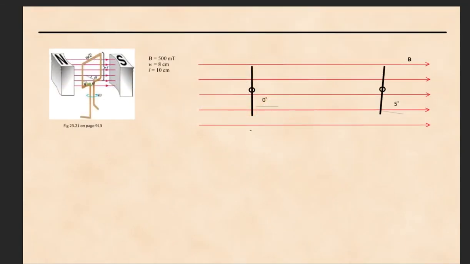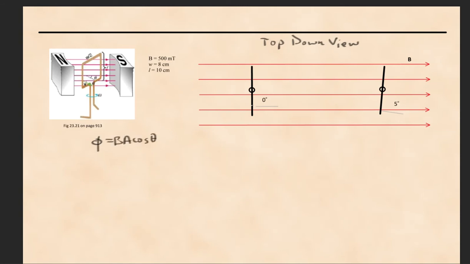Now let's calculate flux in a couple of situations. Let's say we have a uniform magnetic field of 500 millitesla. We have a square loop of wire inside a magnetic field that has dimensions of 8 centimeters by 10 centimeters. This is a top-down view, and we're going to look at a few different situations. In one case, the orientation of the loop is such that the normal is along the direction of the B field. So in that case, remember flux, B times A times cosine theta.